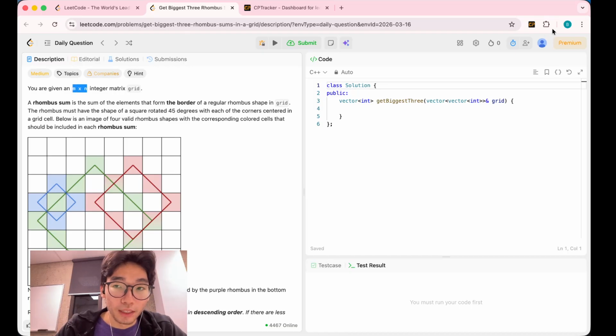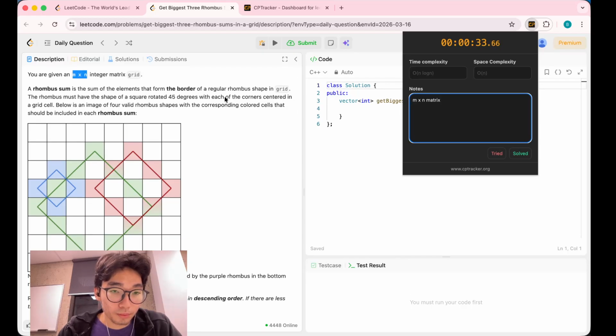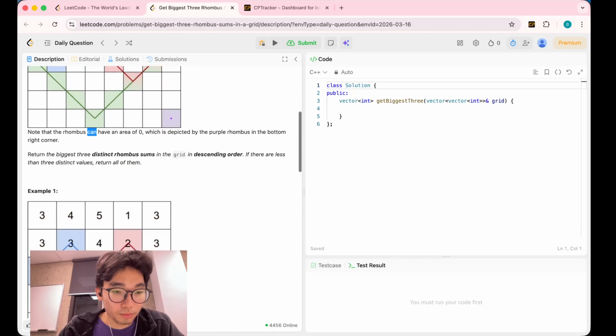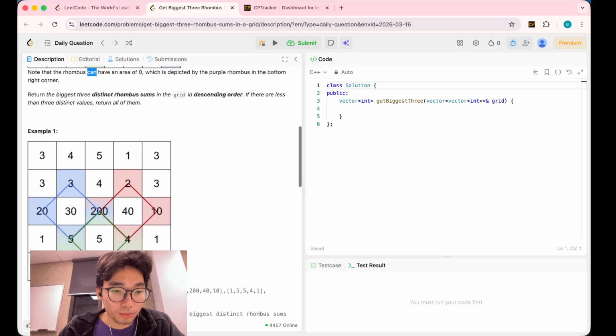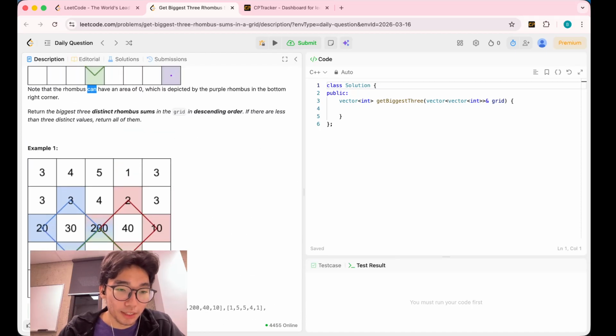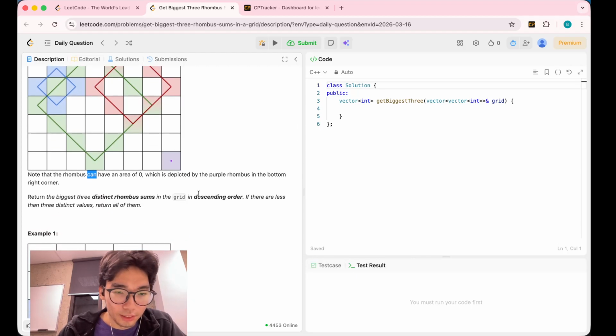Yeah, we are given some n by n matrix, and okay, so we have some grid, and we need to find three distinct rhombus sums in descending order.